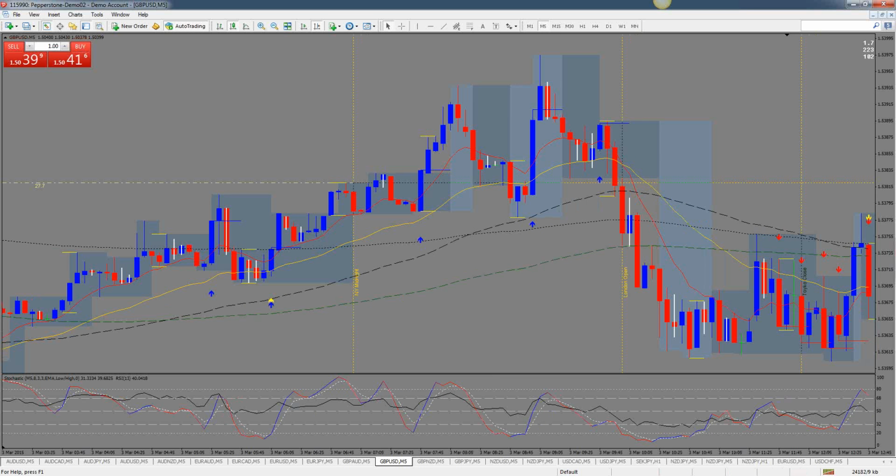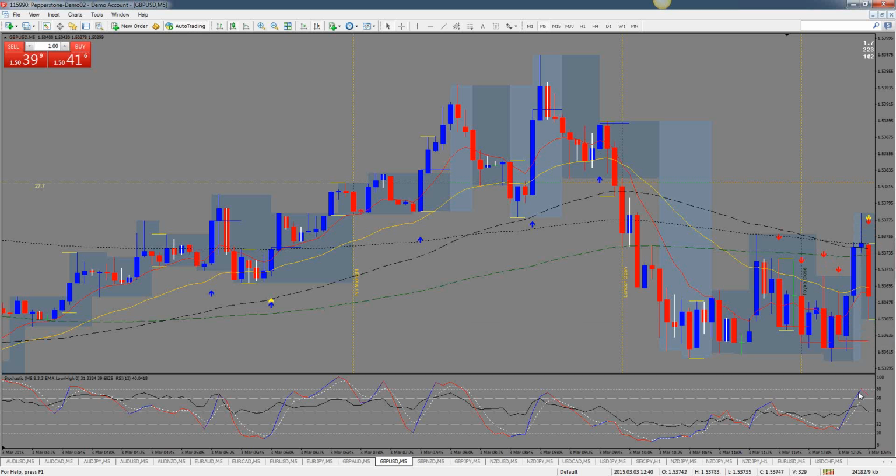All right, so here we have a trade right here. Now this fractal isn't created yet because the next one will create it. But so we'd be looking for shorts. We'd be looking for 5 pips, stop loss, 12 pips.